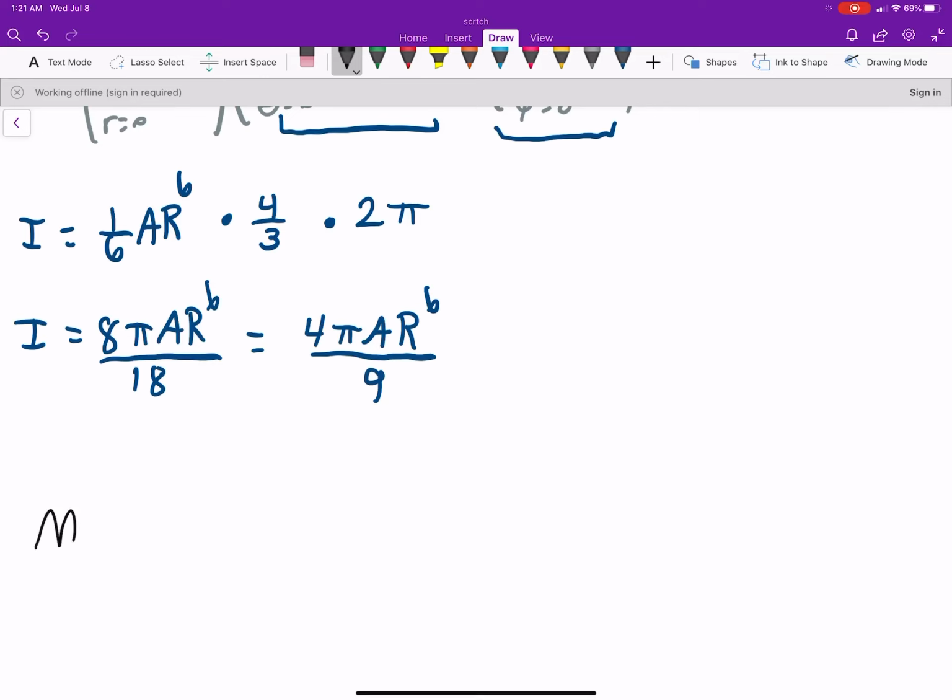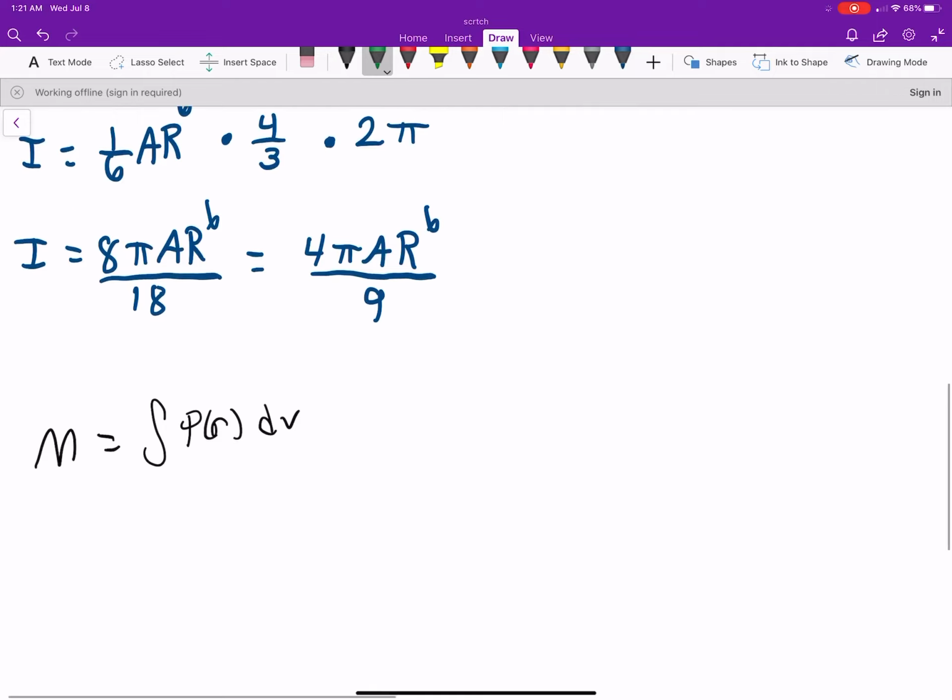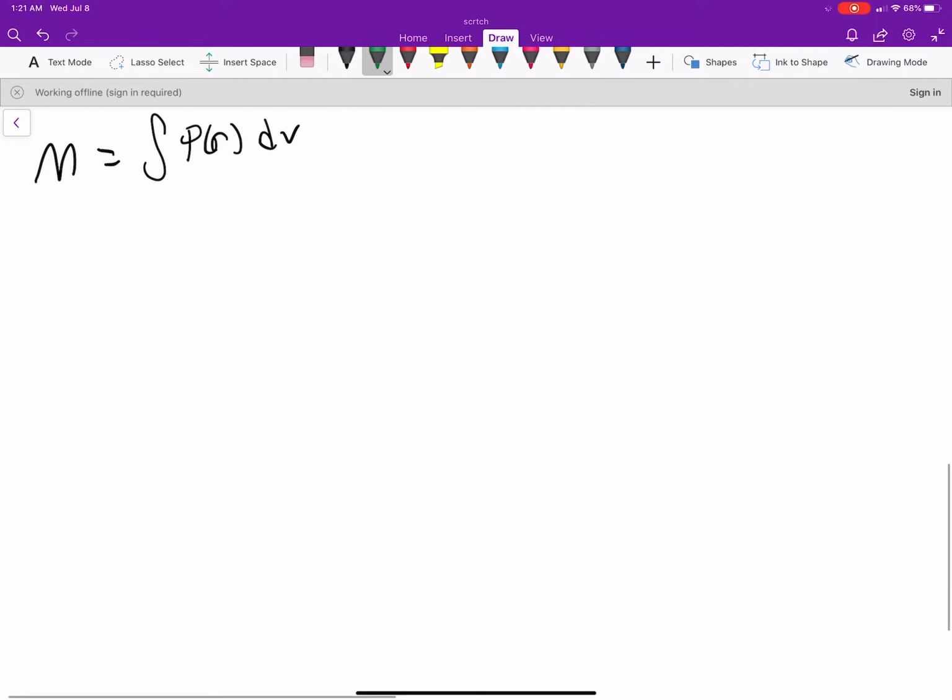So a good formula to know is that your mass is equal to the integral of our density function times dV. Well, the good news is we kind of already did a harder version of this.